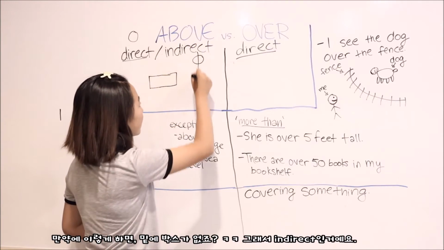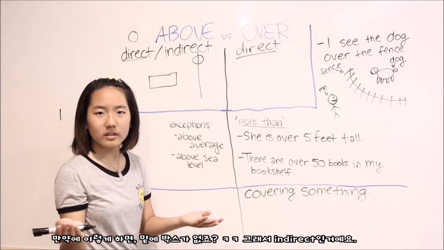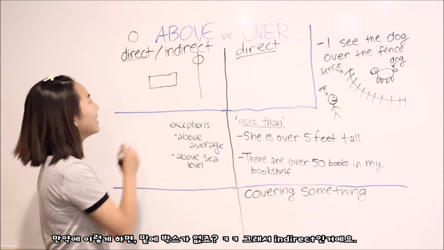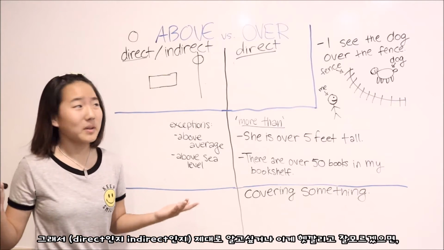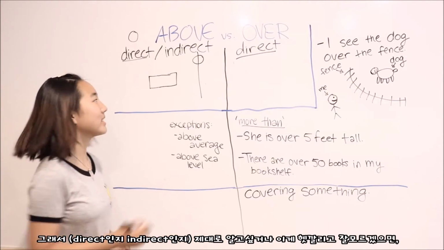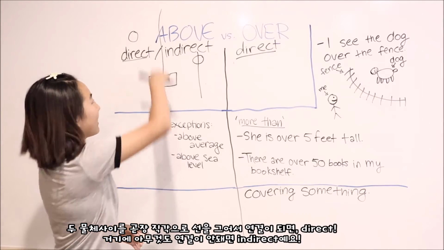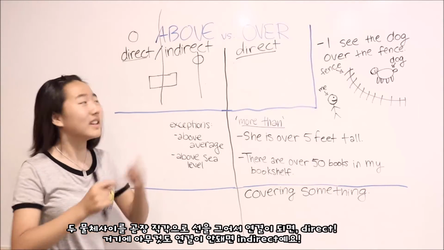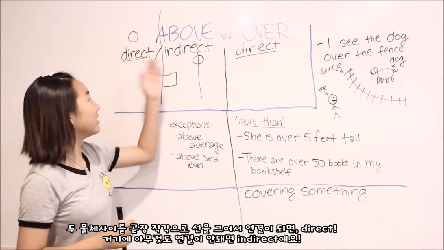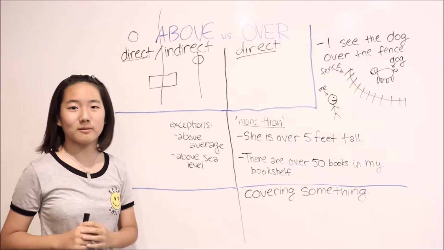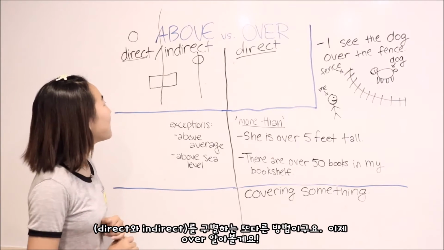If you do this, there's no box there. So that shows that it's indirect. So if you have trouble doing this, just draw a straight line through whatever object it is, and if anything gets in its way, then it's direct, and if it's not in the line, then it's indirect. So that's another method.